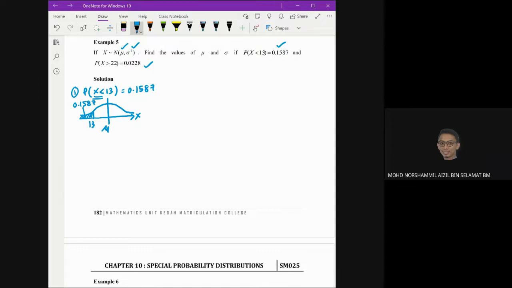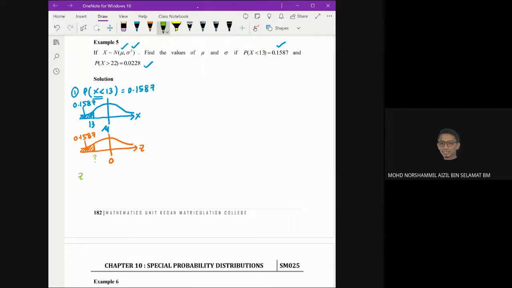Okay. So what does it mean? In Z diagram, similar size, similar area, similar probability. In the middle, mu is already 0. We just need to find out what is the corresponding value of 13 in Z diagram. Okay. So, macam mana kita nak calculate ni?